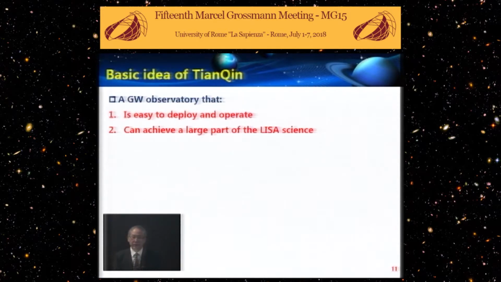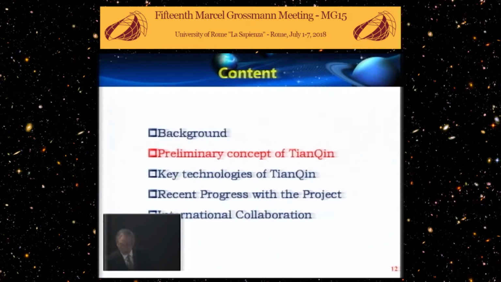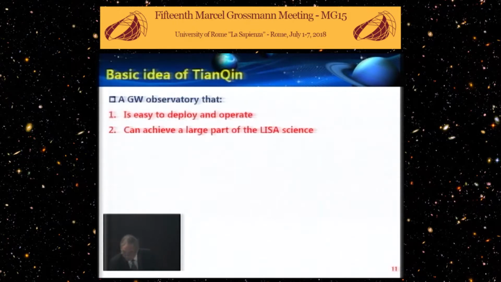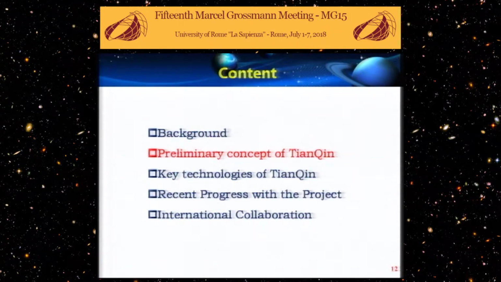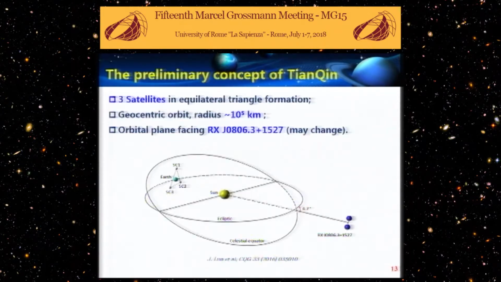So we need to think about that. The first one, I think, we need a geocentric orbit choice. And the second one, the arm length of our triangle is comparable with LISA. That is the two choices.